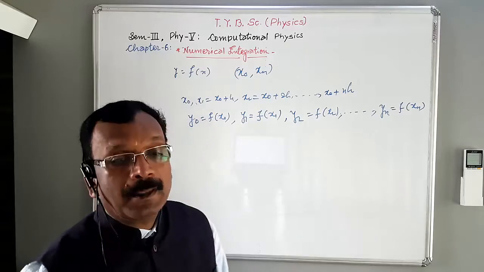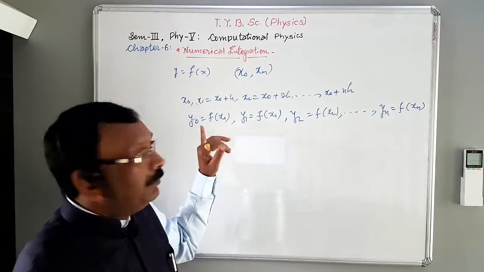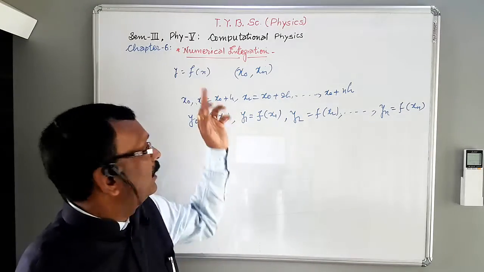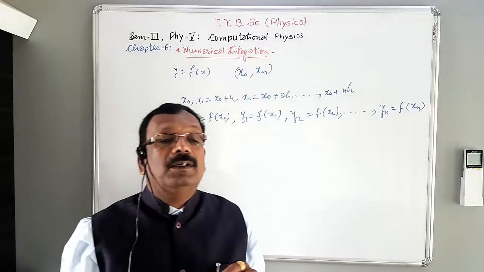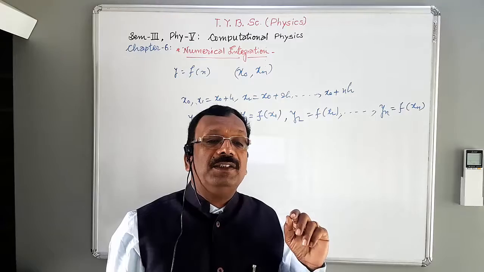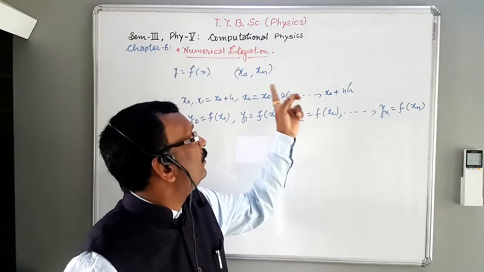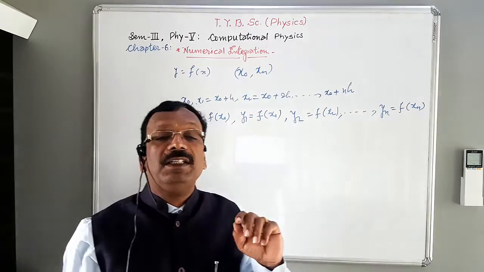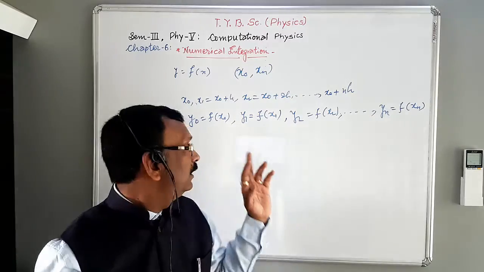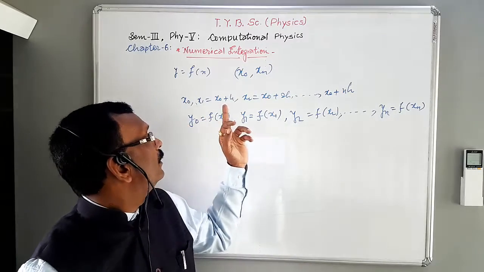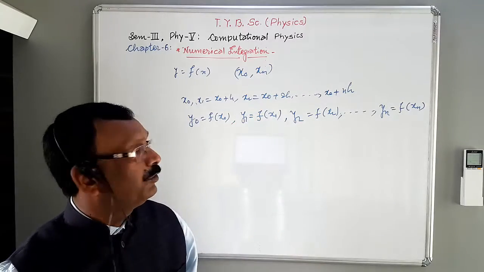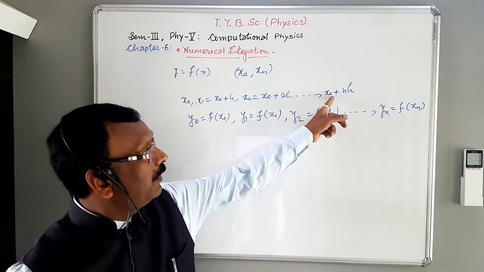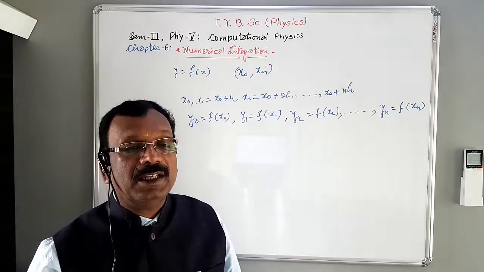Okay. Again, here we consider a function y equal to f of x having interval x0 to xn, with equally spaced arguments x0, then x1 equal to x0 plus h, then x2 equal to x0 plus 2h, and in this way the last one is x0 plus nh.